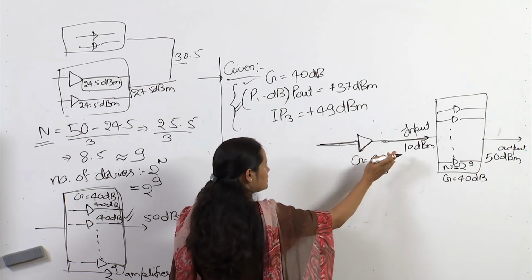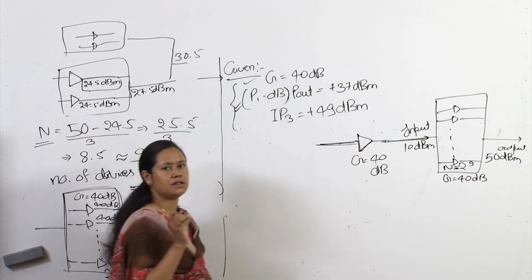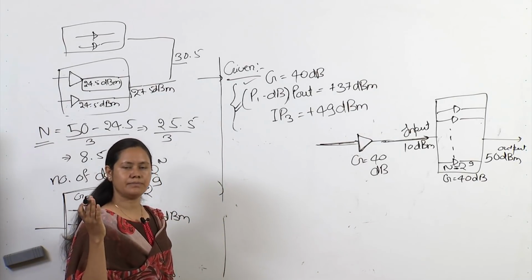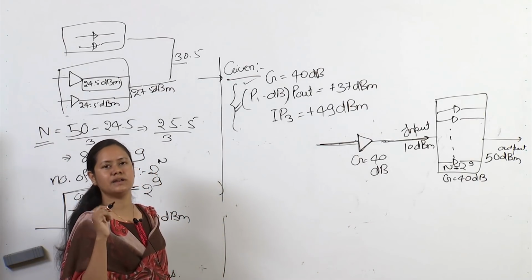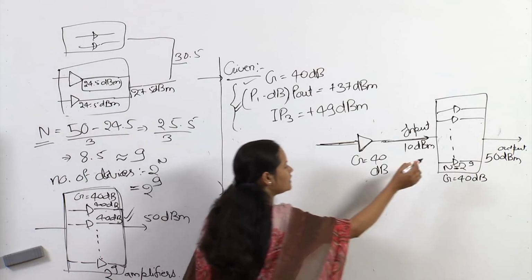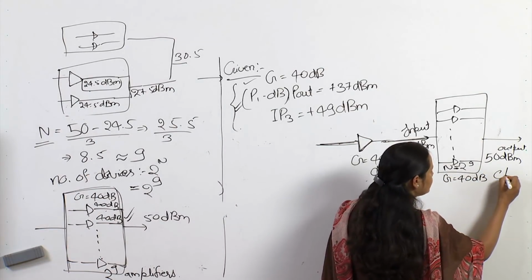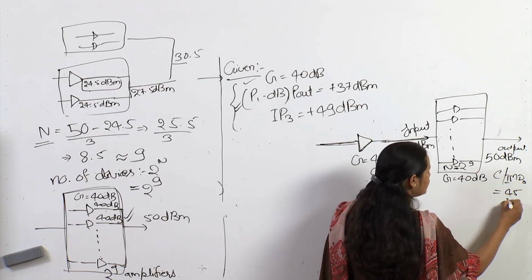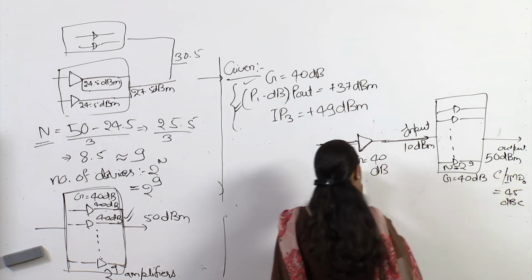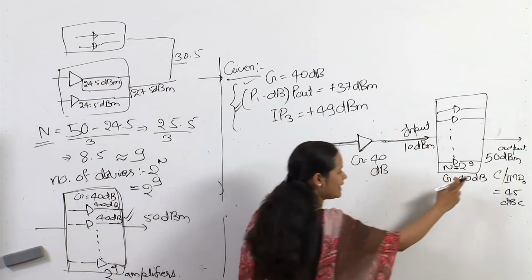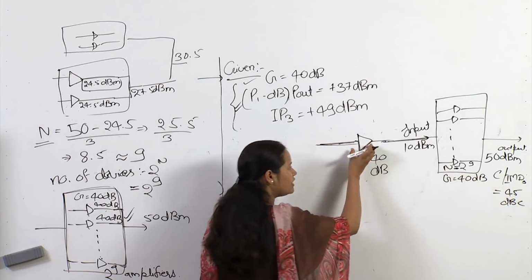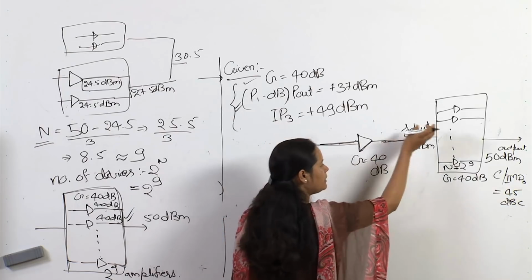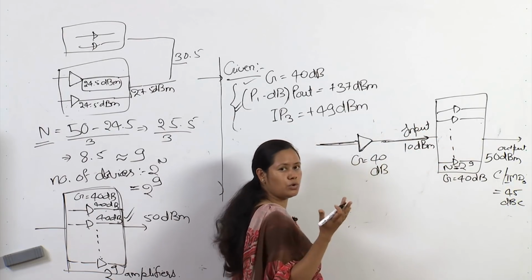Now let us check what the output power backoff requirement will be to maintain the linearity. If at the output level our C by IMD3 was 45 dBc, its previous stage should have even better C by IMD3, otherwise the intermodulation terms coming from here will be input to this one and become even more nonlinear.